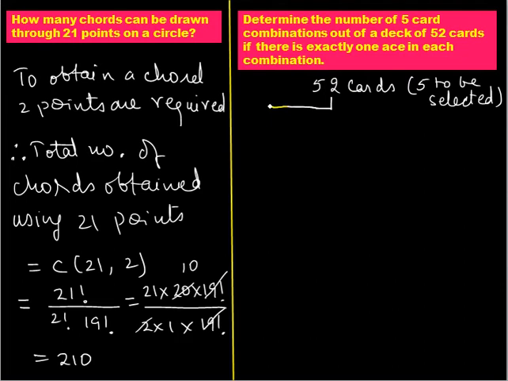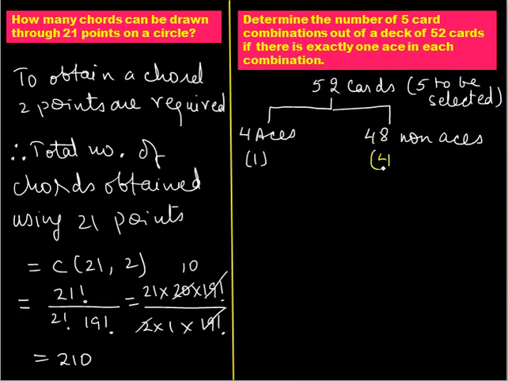So we can divide 52 cards into 2 categories, one of 4 aces and the other of remaining 48 cards. We can call them 48 non-aces. Now because a total of 5 cards are to be taken out, and this 5 should contain exactly one ace, that one ace will come out of these 4 aces and the remaining 4 cards will come out of these 48 non-aces.